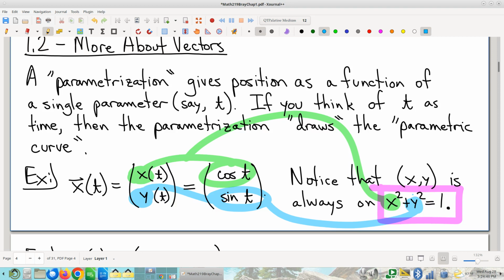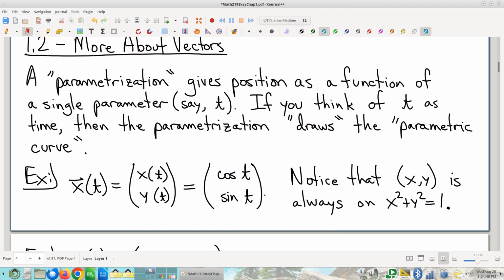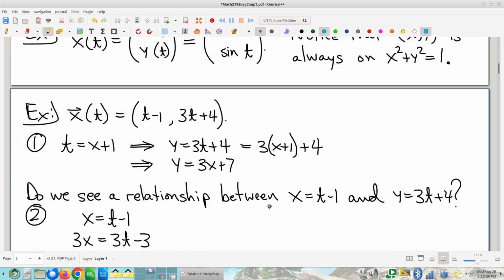All right. Bad news. You won't always get lucky like this. We got really lucky with this exercise where it happened to be that not only was there a convenient pre-existing relationship that we knew between x and y, but we even noticed their relationship as well. So what if you don't get so lucky?